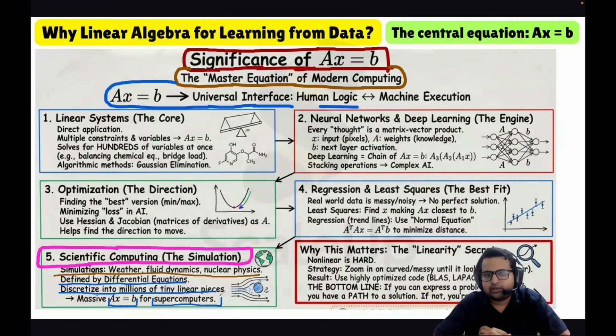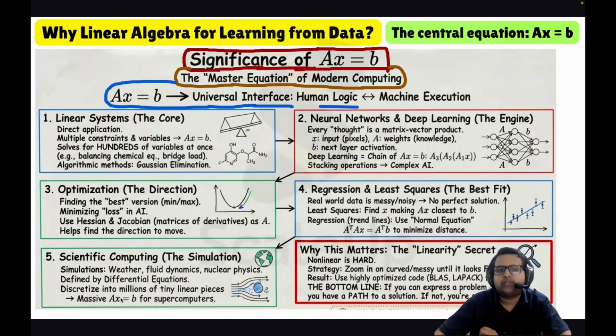So in scientific computing also, this master equation Ax equals B has a role to play. Now it is very clear to us why Ax equals B is the central equation of linear algebra. Why is it called the master equation of modern computing? Because this equation has a role to play in linear systems, neural networks, deep learning, optimization, regression, least squares, and scientific computing.